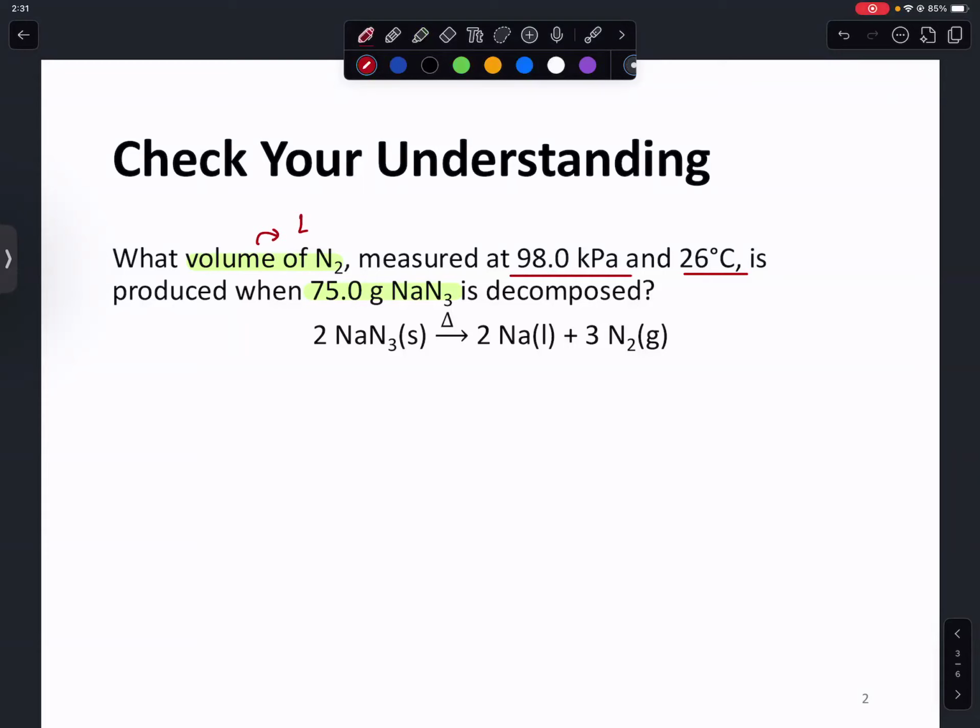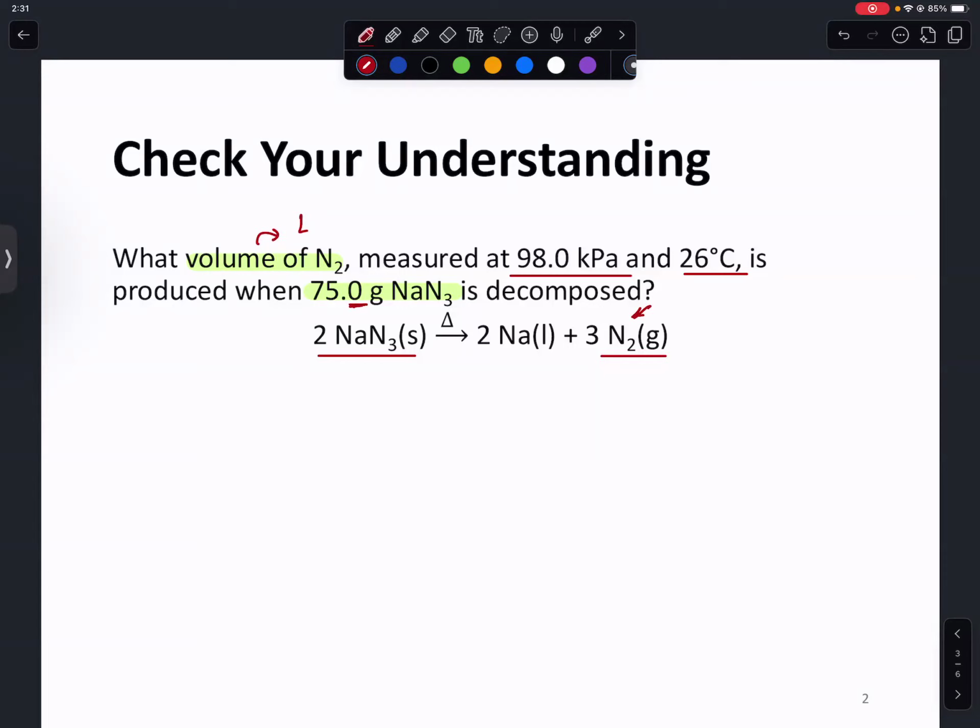So in this case, you are given the initial grams of your reactant, and you are simply going to convert from grams of reactant to moles of the product, and then take the moles of the nitrogen and convert them using the ideal gas law, PV equals nRT, to the volume of nitrogen.